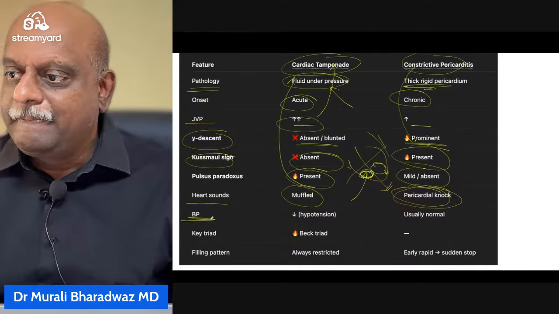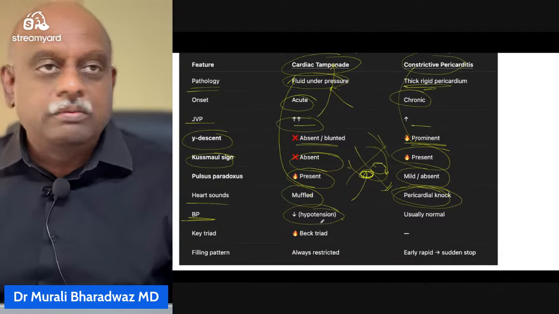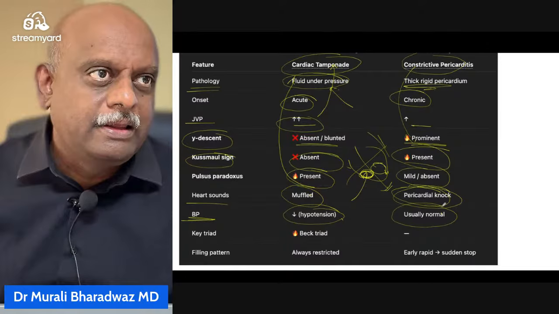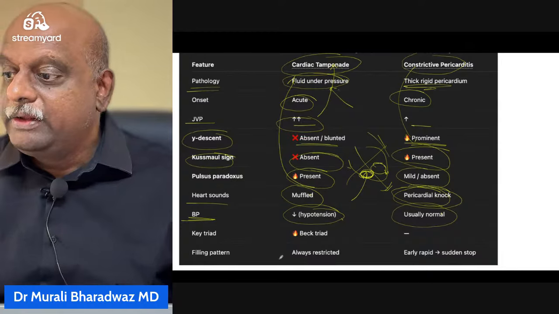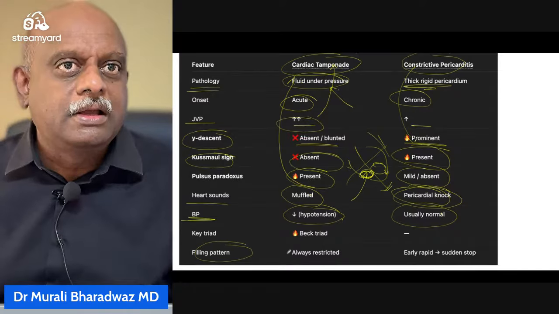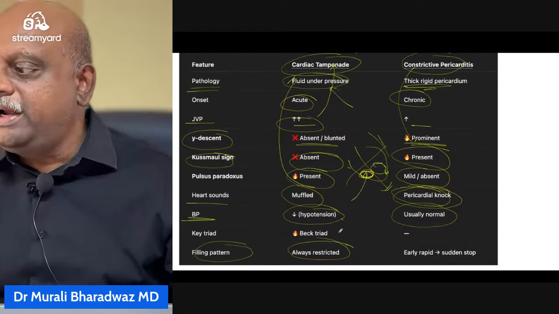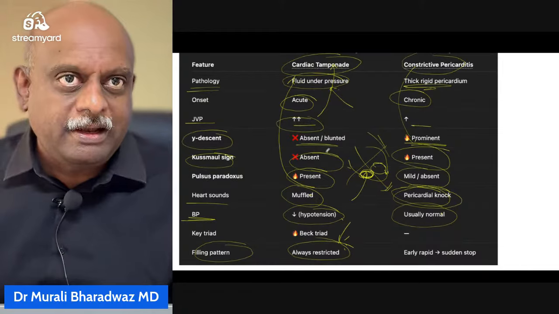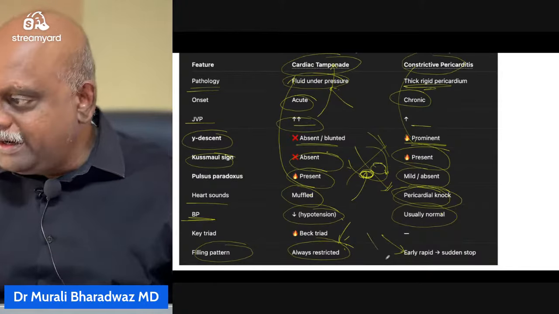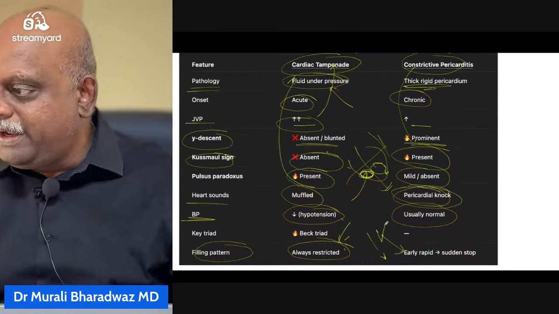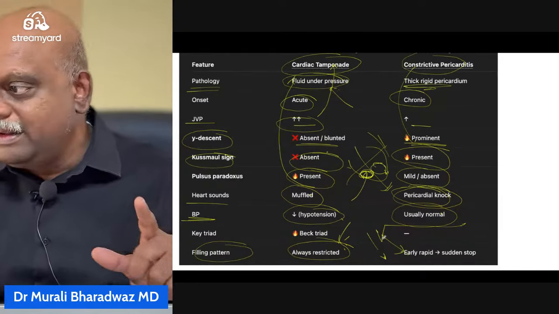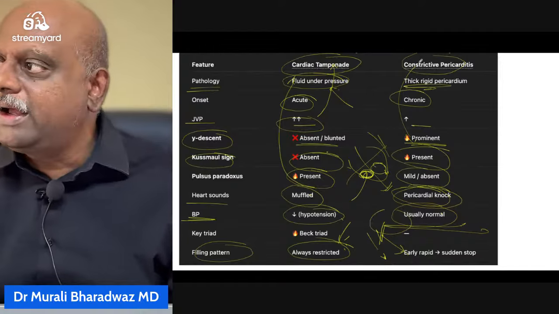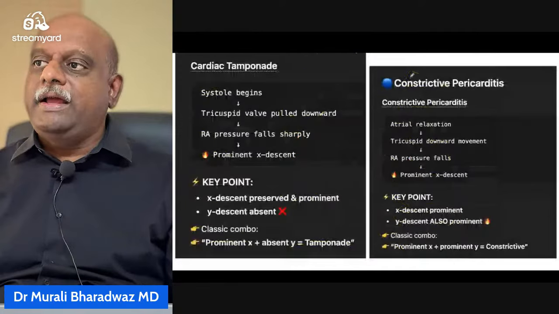Then the BP is low, Beck's triad, in cardiac tamponade, but usually normal in constrictive pericarditis. So, the filling pattern is always restricted in cardiac tamponade. That's the reason the Y descent is absent. But here, early rapid filling followed by the rise and plateau, which is called the square root sign, is the hallmark of constrictive pericarditis. Clear? You'll remember that, right?